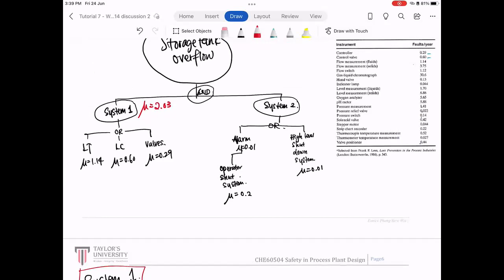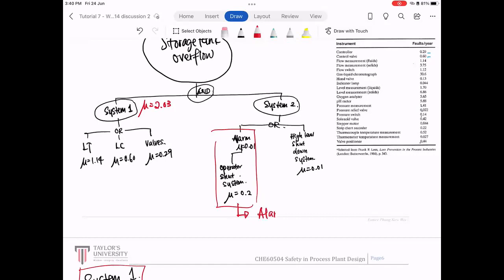Okay, system 2, we need to settle this first. So this is very straightforward, the failure. Mu1 and mu2, when number 1 fails and comes to number 2. Hold on, this goes back to when the alarm fails. So it will be 0.01.